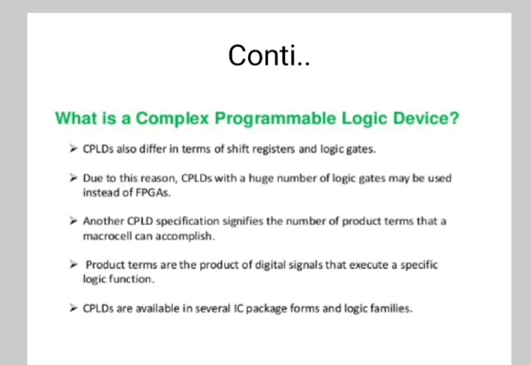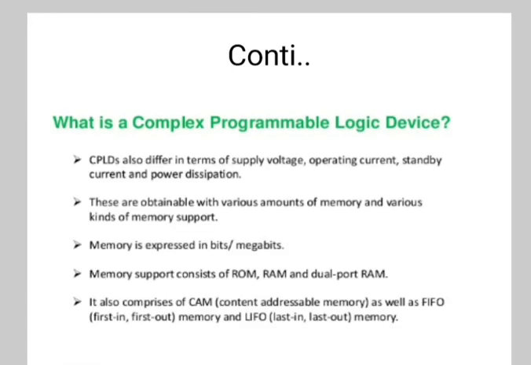Another CPLD specification signifies the number of product terms that a microcell can accomplish. The product terms are products of digital signals that execute a specific logic function, and CPLDs are available in several IC package forms and logic families.